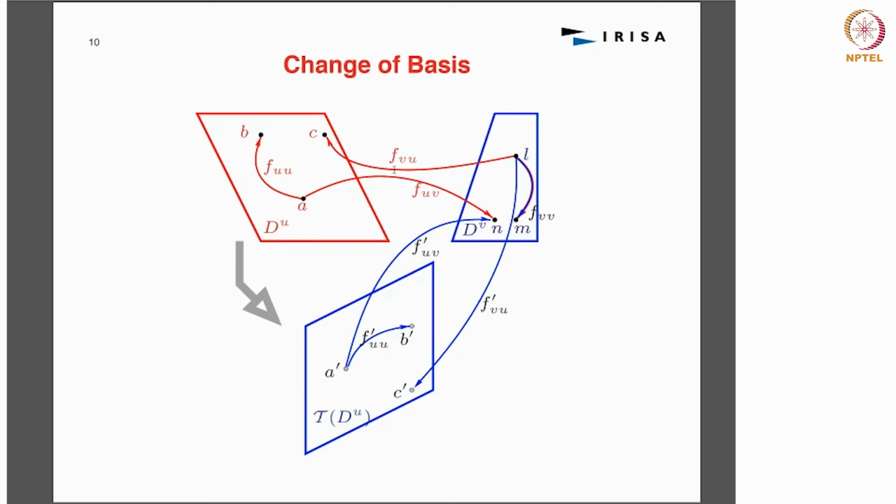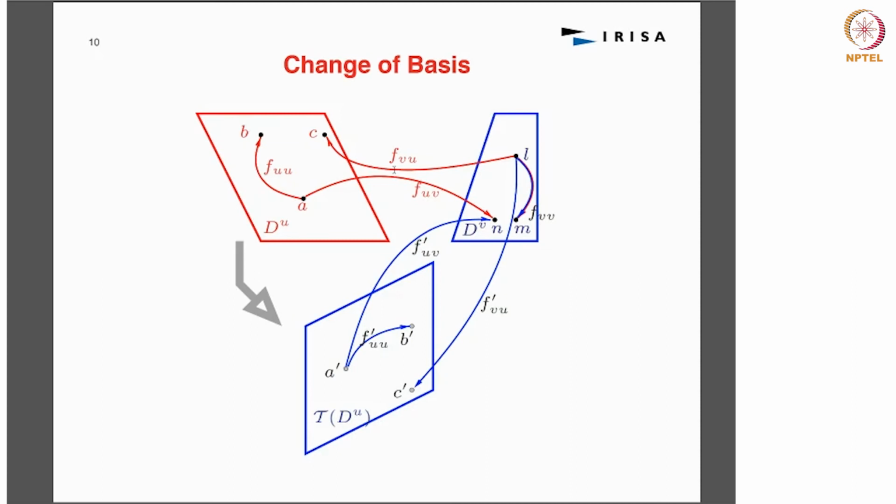Now I have to construct a function that maps A prime to N. How do I do that? Using the old functions that I had in red. To A prime, I first apply T inverse. And to the result of that, I apply the old function.